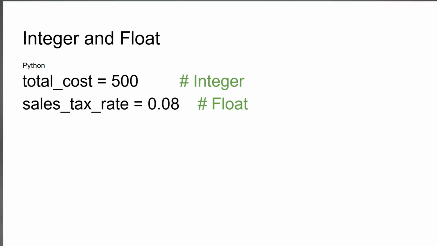So the basic assignment in Python works something like this, where you say total cost equals 500. That would be an integer because it doesn't have a decimal point or anything to the right of the decimal point. Sales tax rate equals 0.08.